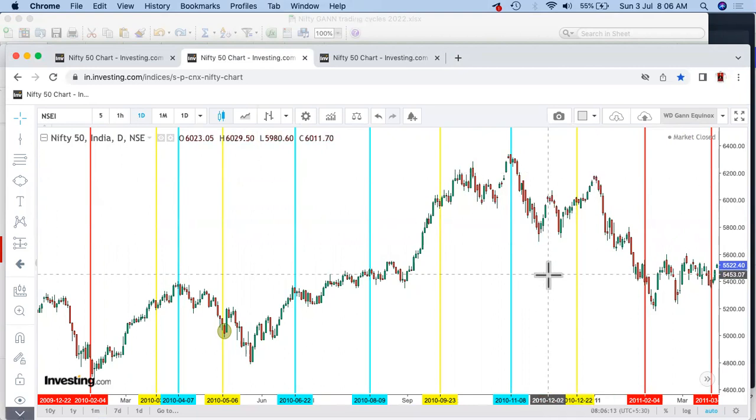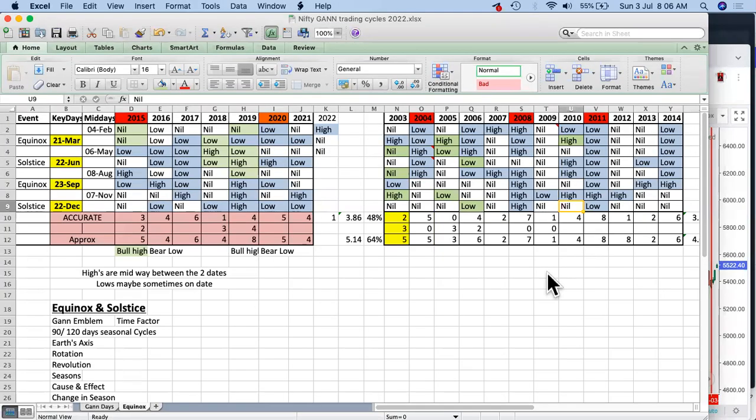So we haven't considered that. Right. So again, coming down to the average part: 1, 2, 3, 3 highs, one low, and one approximation where we have considered this. So it comes down to a total of 5.